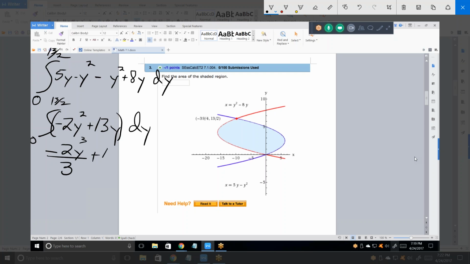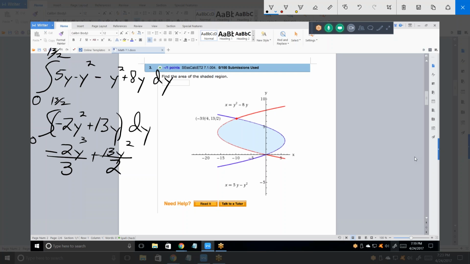Plus 13y squared over 2. Even if 13 over 2 could be reduced, I don't do it in that step. You know what I'm saying? In other words, if that was a 14, I would not figure out the 7. I'm not writing 7 as my first thing. I'm writing 14y squared over 2. Then I'm reducing the 14 over 2 to be a 7.